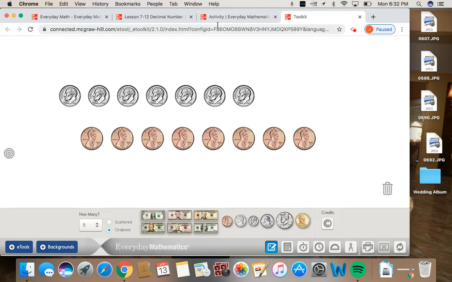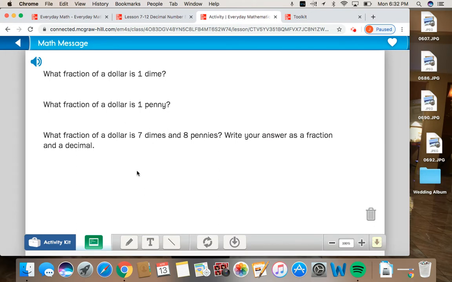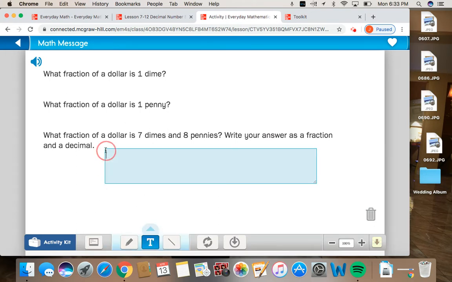So I have 78 cents here. So that would be as a fraction, and I'm going to use a text box for this one. That would be 78 hundredths as a fraction. And as a decimal, that would be 78 hundredths. We read these both the same way, 78 hundredths.